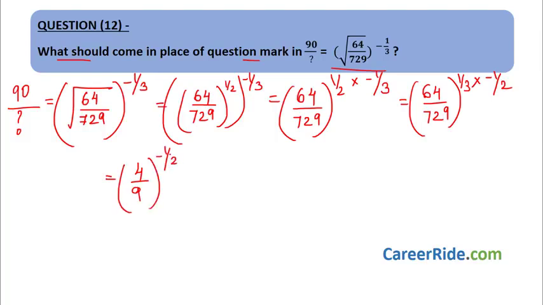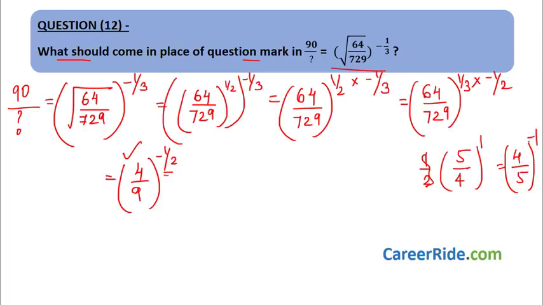Now whenever there is a minus sign in the raised to power, what does that mean? That means we just need to flip this fraction. For example, take another fraction. If I have 5 upon 4 raised to 1, if you invert it, 4 upon 5, you will simply write raised to minus 1.